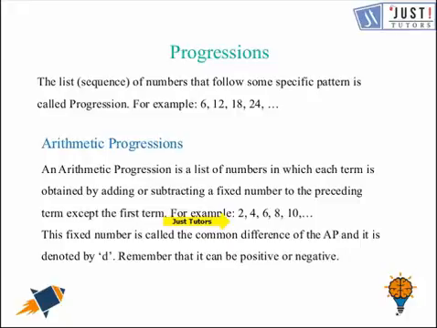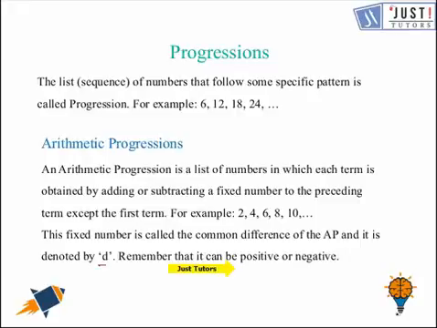Or we can say that 2 is being added to each preceding term to get the next one. So the fixed number which is being added to each term to get the next one is called the common difference of an AP, and we denote it by D.